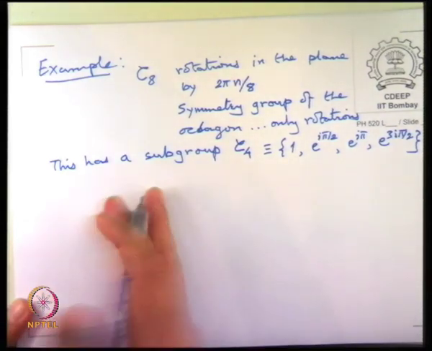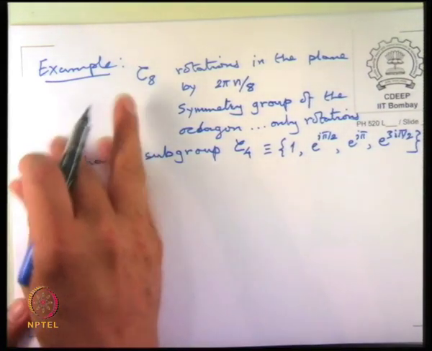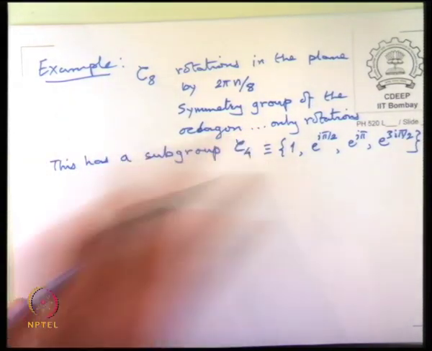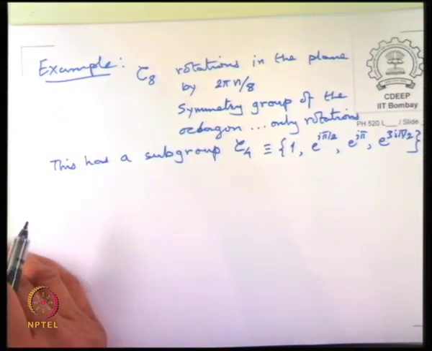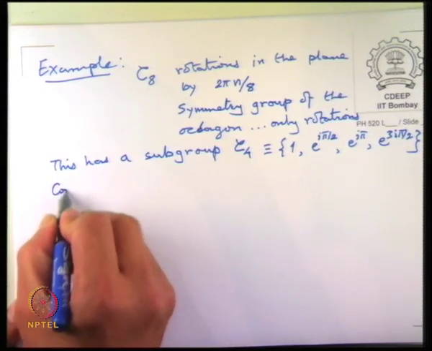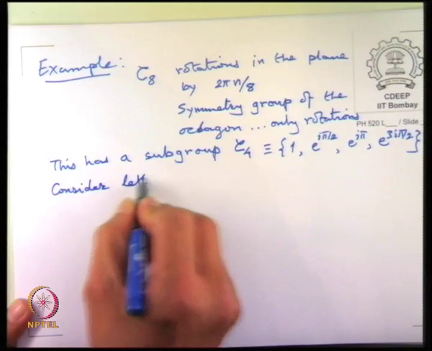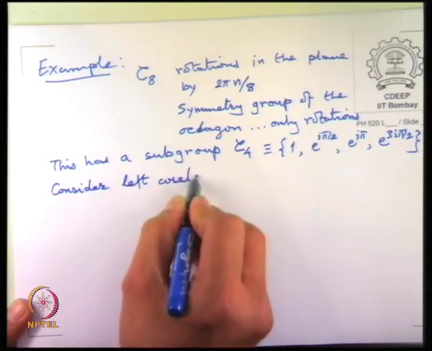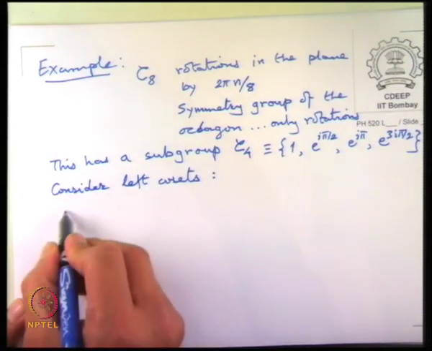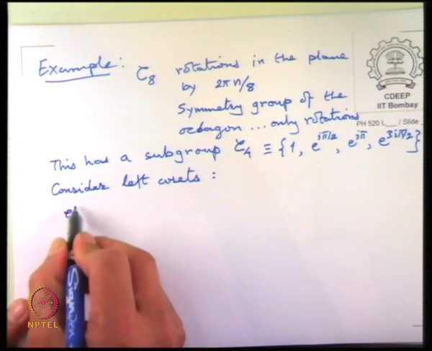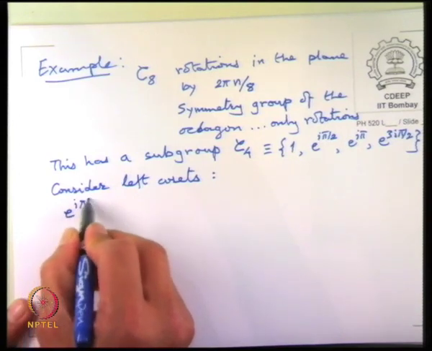The pi by 2 rotations. Now suppose we take some element of C8 and multiply on the left by this, where I take e to the i pi by 2 and multiply on the left.